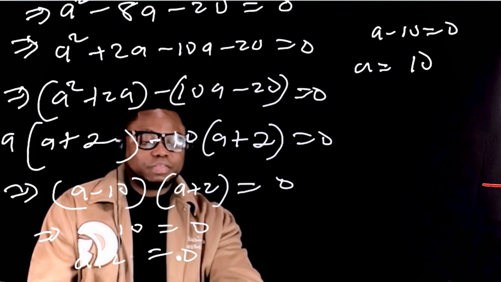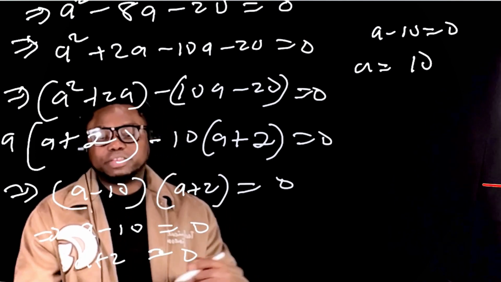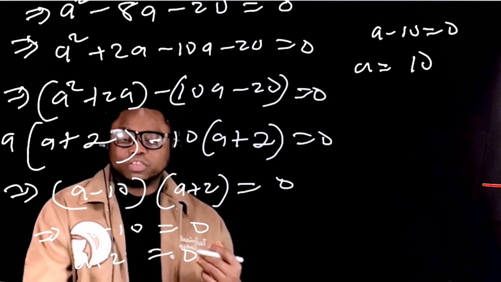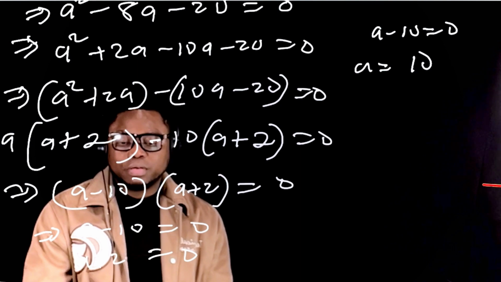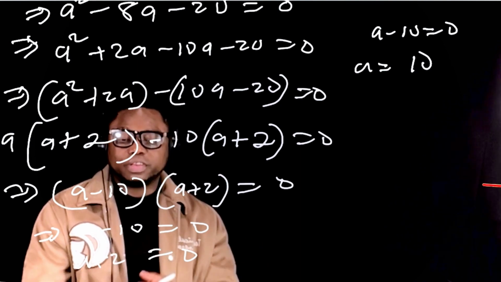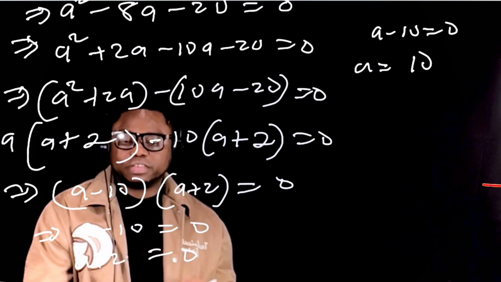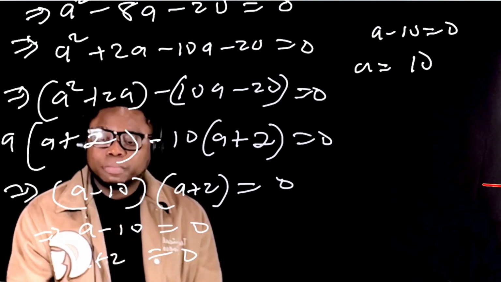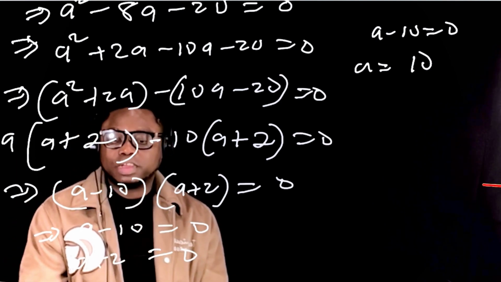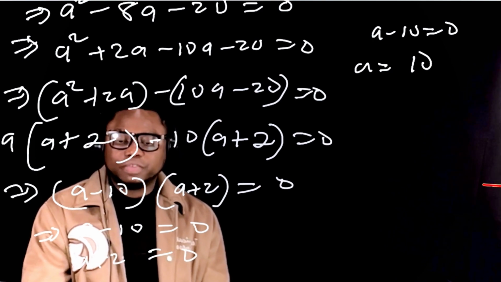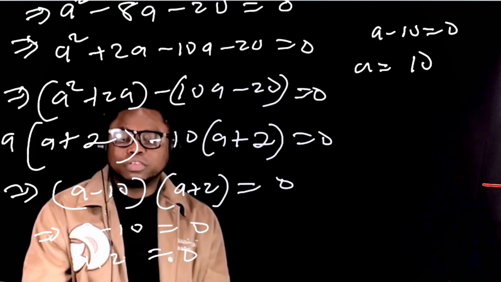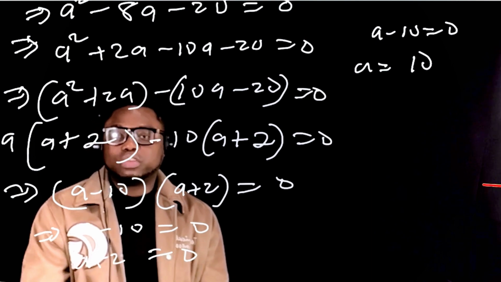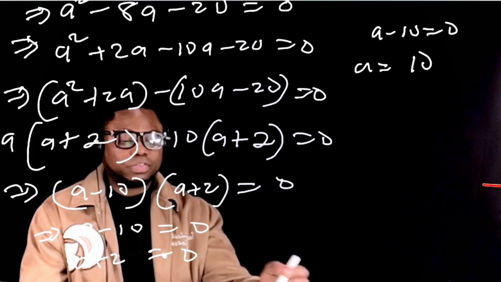This is minus 10 on the left hand side, and when it crosses to the right hand side it becomes plus 10, because as a rule in mathematics, any sign that crosses the equal sign changes: if it is minus it changes to plus, and if it is plus it changes to minus. So a is equal to 10 here.